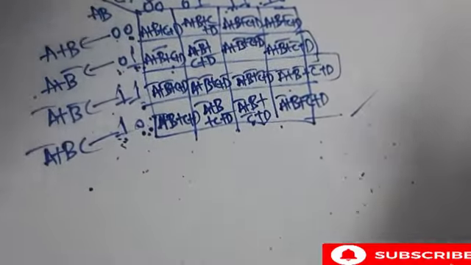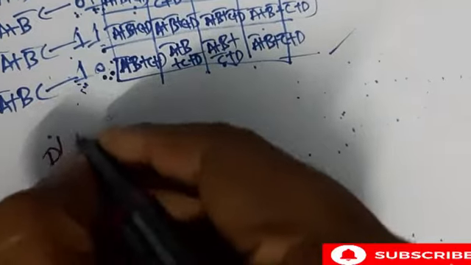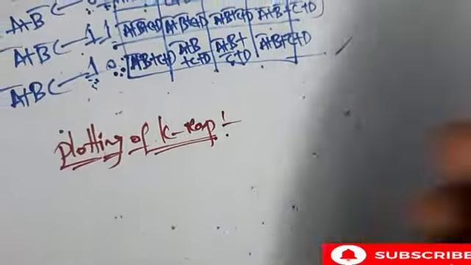Let's see plotting of a K map. Let's see how we will plot the K map. First, we already know about the cell, right?